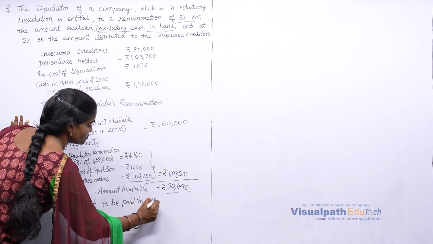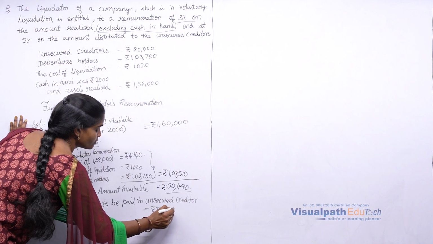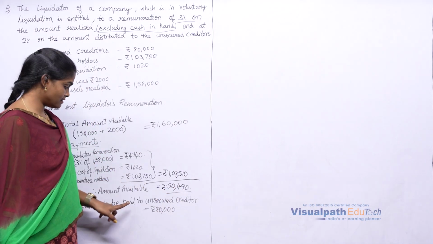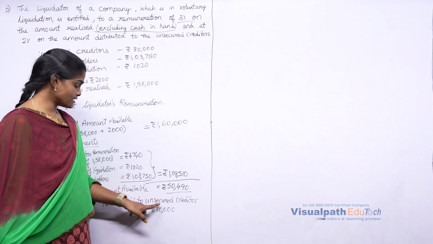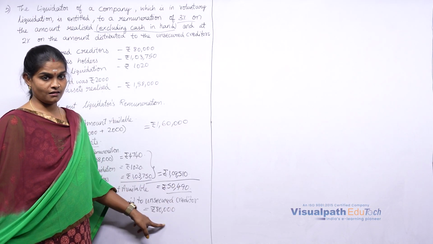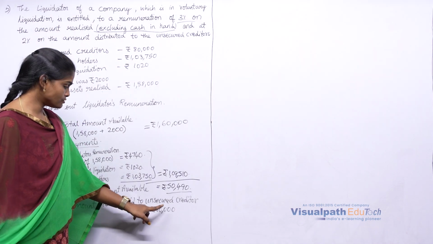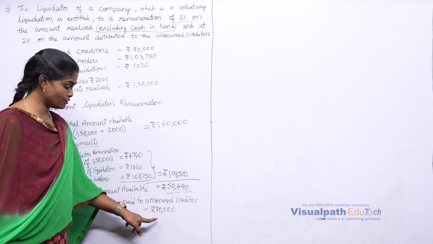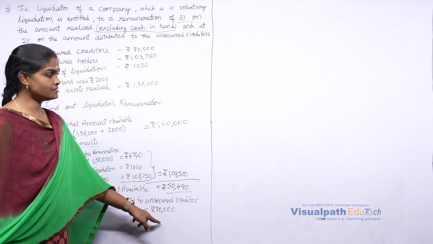So here, the amount available is less than the amount to be paid to unsecured creditors. Then in this situation, we say the company is insolvent. We have only 50,000. We are unable to pay 80,000.